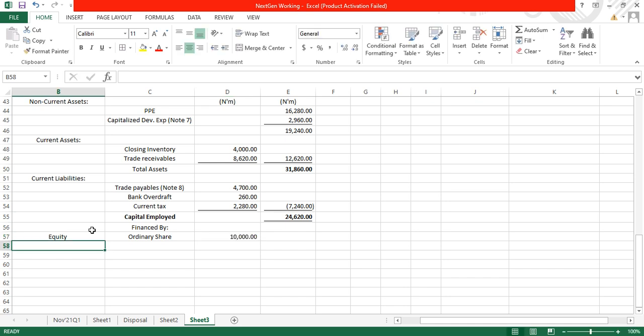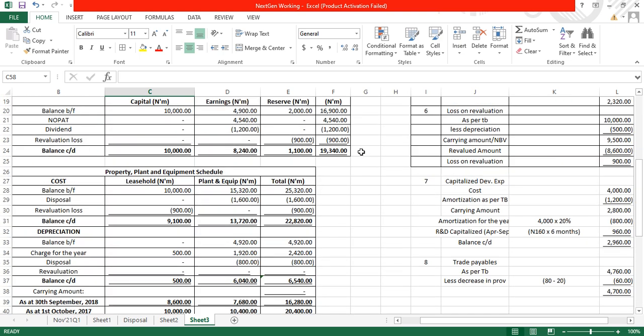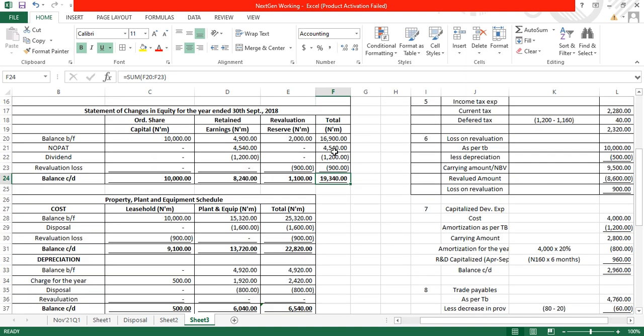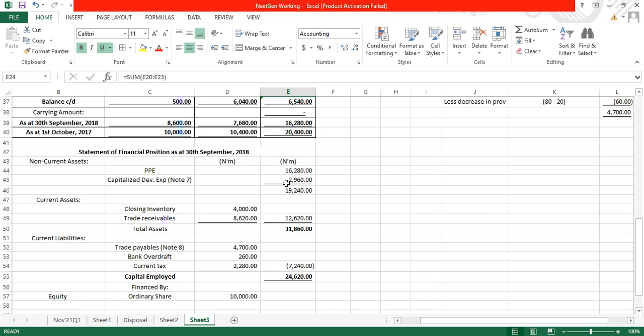Retained earnings: to make it easy, I can bring in everything I have here, 19,340. I pick them: ordinary share capital, this; retained earnings, this; revaluation surplus, this, and I put them like that.